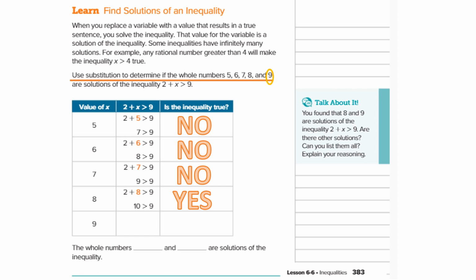Then I do the same thing with 9. 2 plus 9 is greater than 9. And 2 plus 9 is 11. Is 11 greater than 9? That's a yes as well. So the whole numbers out of my possibilities of 5, 6, 7, 8, and 9 that are indeed solutions that give me a yes answer to my inequality of 2 plus x is greater than 9 are 8 and 9.